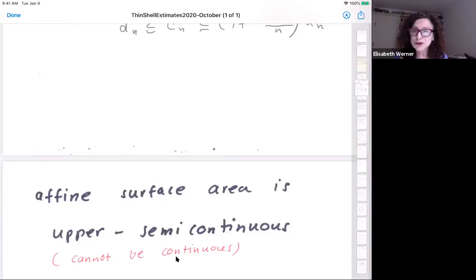That would also give us a way to compute this affine surface area in more cases of convex bodies, because it's notoriously difficult to compute, since curvature is not an easy expression to handle for a general convex body. Yeah, but okay.